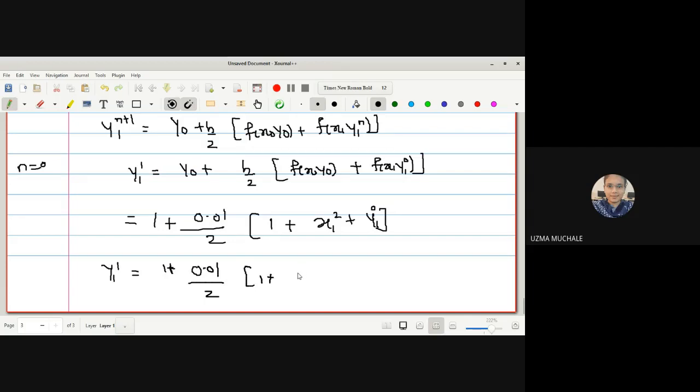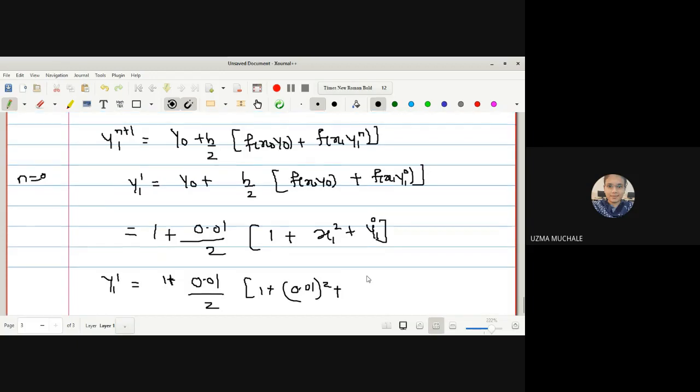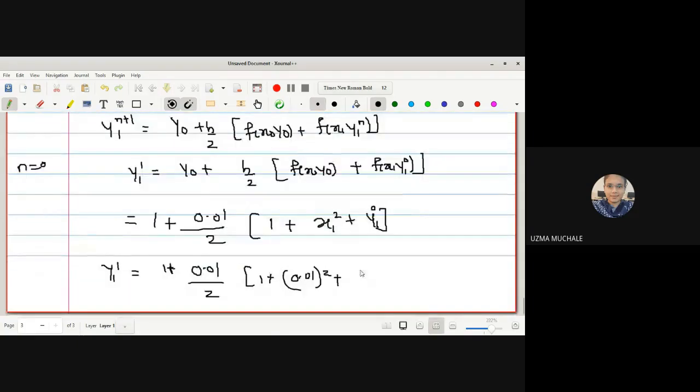What is the value of x1? We have it is 0.01 square plus y1 naught. y1 naught just now we have found, it is 1.01.